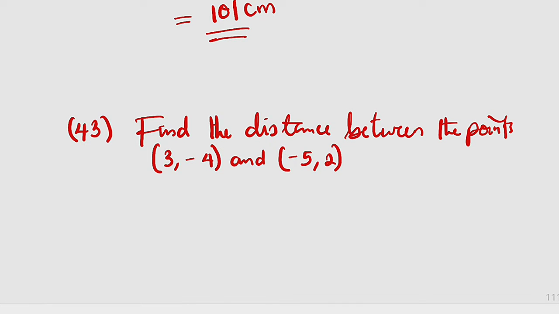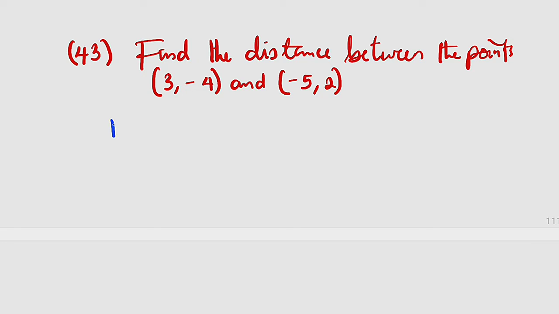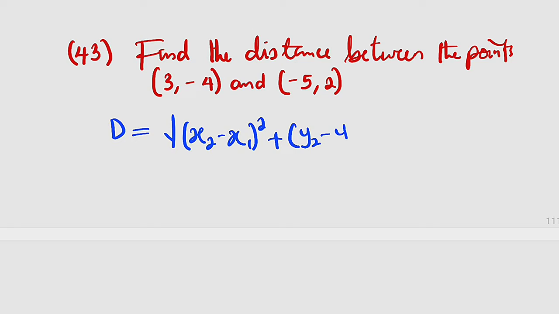All right, let us move on to question number 43. Question number 43, we are asked to find the distance between these 2 points, 3, -4 and -5, 2. So what is the distance formula? D is equal to the square root of x2 minus x1 whole squared plus y2 minus y1 whole squared. Simplify and get your final answer. All right.